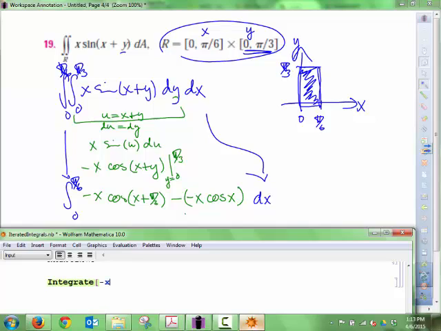Minus x cosine of x plus pi over 3. I'll simplify the minus minus and call that a plus. X times cosine of x. Then I'm integrating this for x values going from 0 to pi over 6.